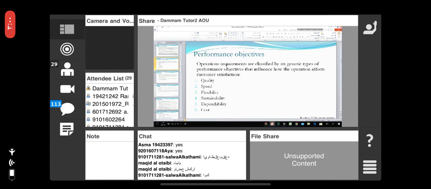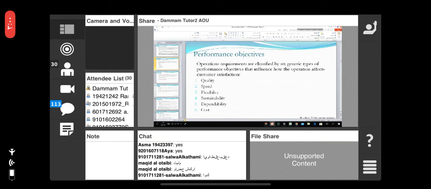طبعا الاوبريشن strategy when you help the customer sometimes لازم you have very good performance, right guys؟ يعني عندك some certain KPIs you need to look after the employee اللي عندك الموظفين.